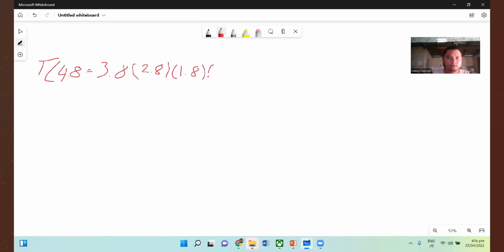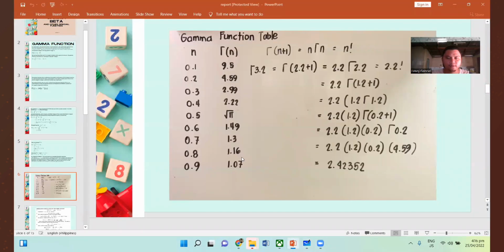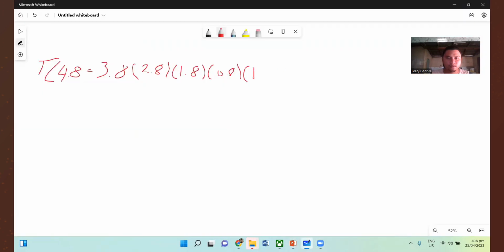Then times, subtract 1 again, 0.8. Then get the value of gamma of 0.8, which is 1.16. So times 1.16.